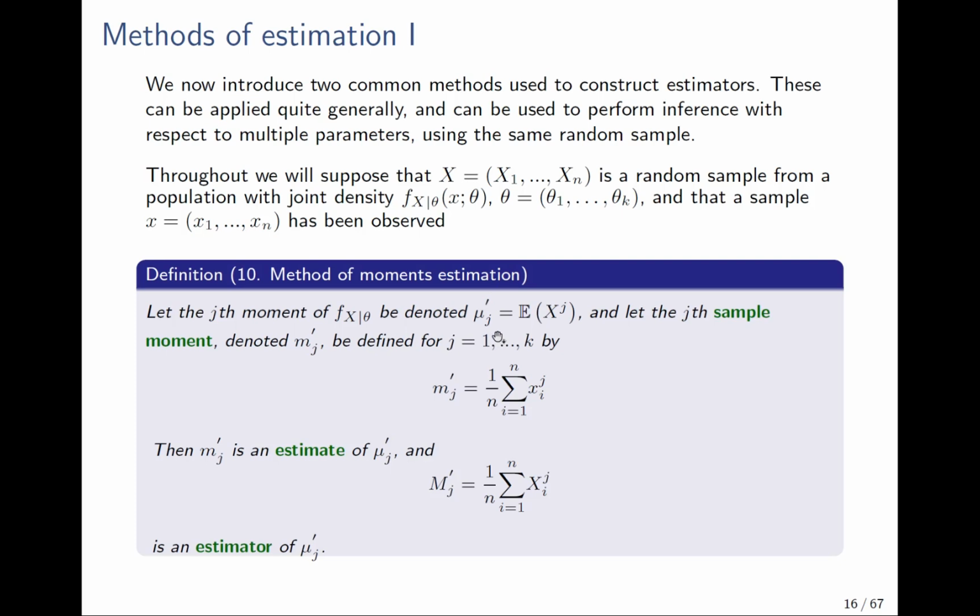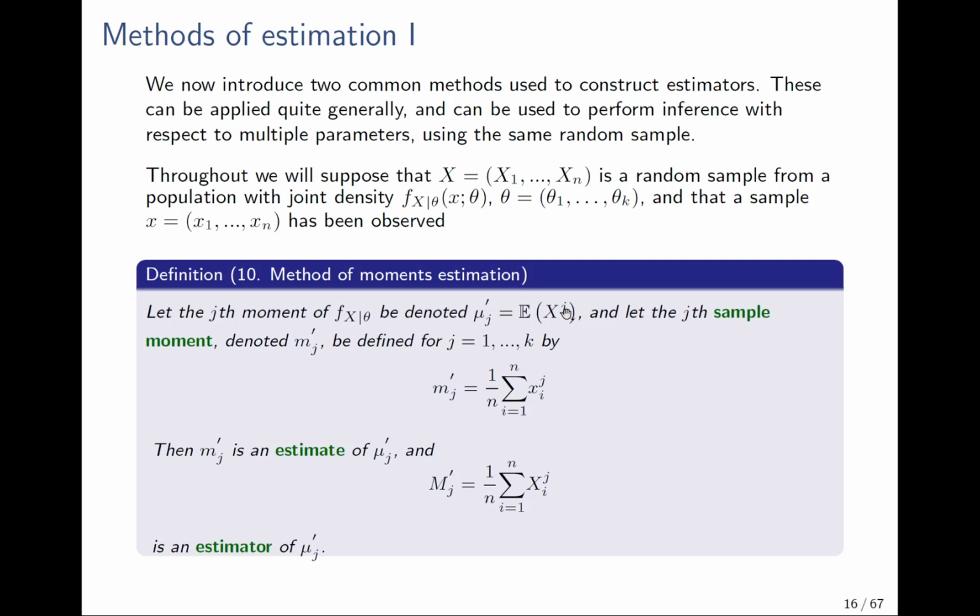So μ'_j equals the expectation of random variable X to the power of j. And the jth sample moment is defined as the average of each observed data item to the power of j. Okay, so that is essentially using an average to approximate that population moment.